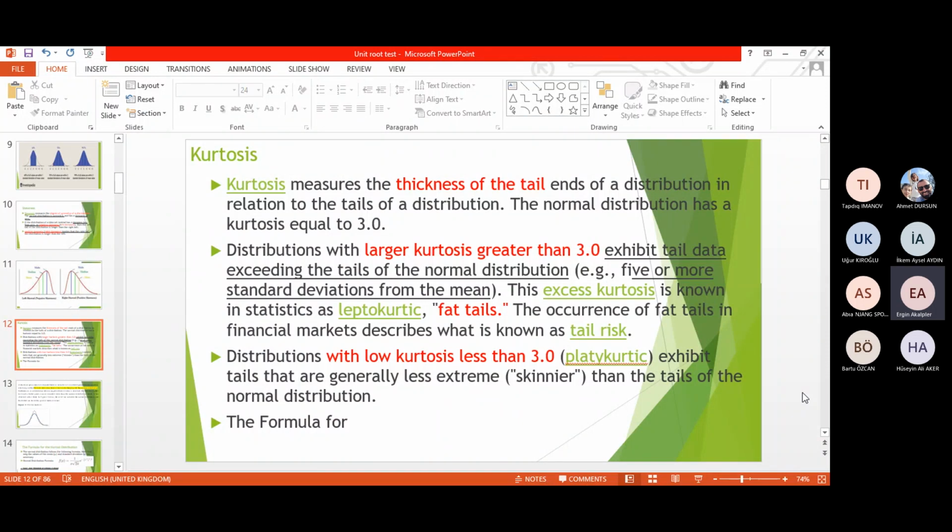This excess kurtosis is known statistically as leptokurtic, or fat tails, so-called. The occurrence of fat tails in financial markets describes what is known as tail risk. Distributions with low kurtosis, less than 3, platykurtic, exhibit tails that are generally less extreme, so-called skinny, than the tails of the normal distribution.